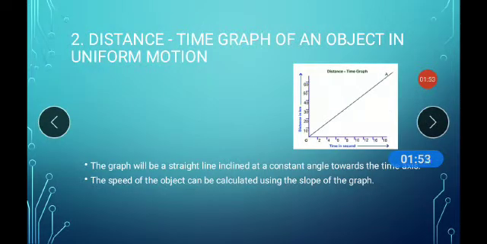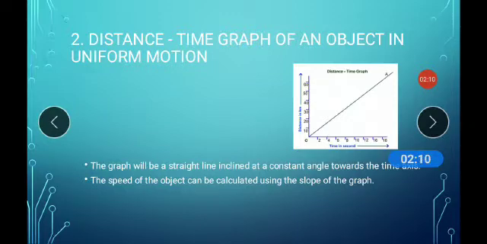Next case, distance time graph of an object in uniform motion. What is uniform motion? If an object travels equal distance in equal interval of time, then the object is in uniform motion.